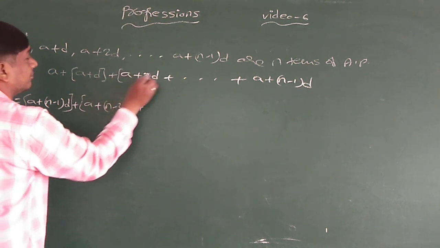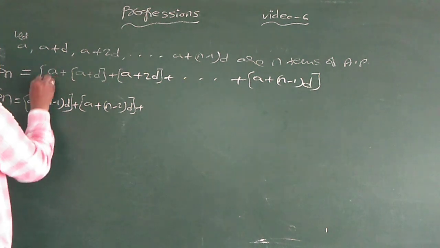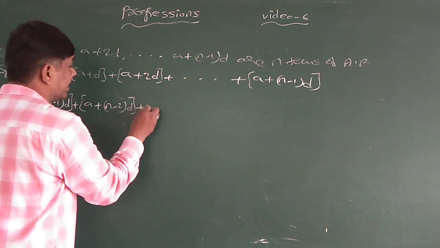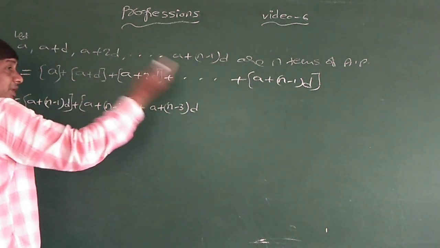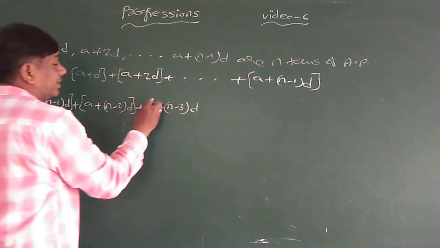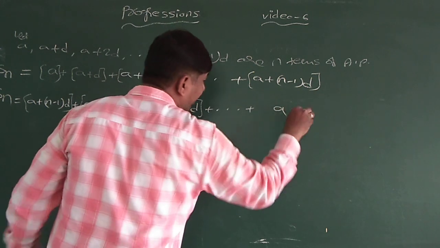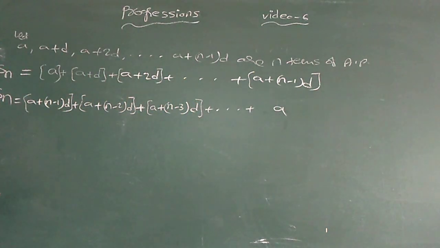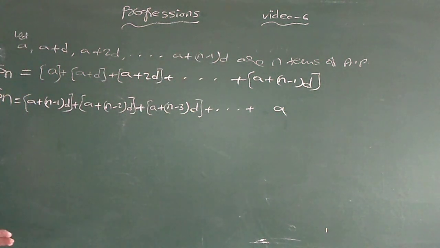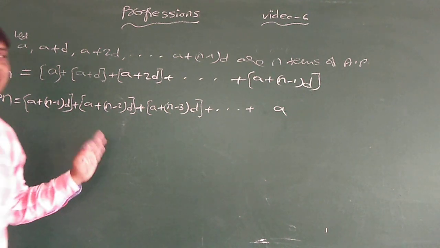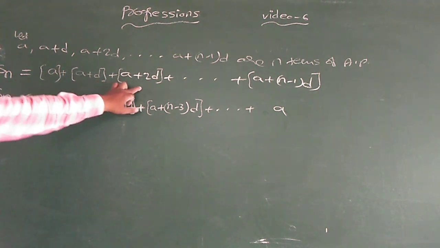To understand, I am writing brackets. Next one is a plus n minus 3 into d, and so on. The last term will be a, because the first term becomes the last term. a, a plus d, a plus 2d, a plus 3d, up to a plus n minus 1 into d are the n terms of an AP. Now we are adding these terms.